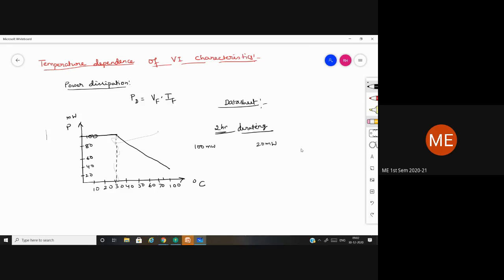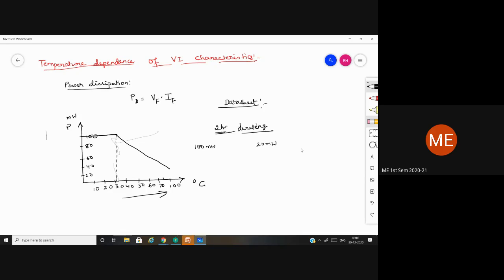In the same way, in the diode also we have maximum and minimum expectations. But when temperature keeps on increasing, let us take, initially we were working with a diode at normal room temperature. Let us take, I'm going to connect that diode to a machine or somewhere where the heat dissipation is more.